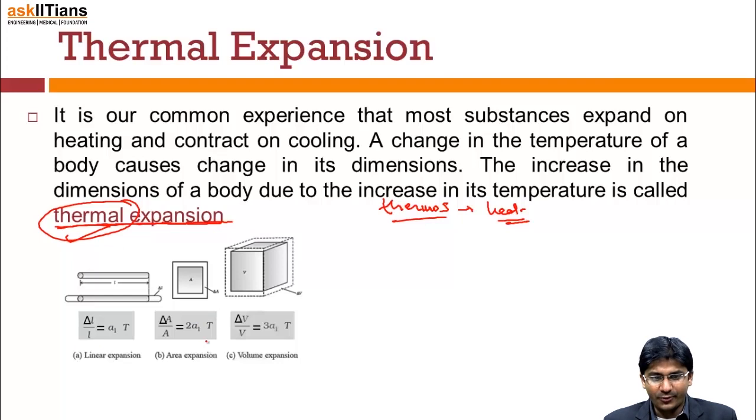Here are the formulas that we will see later on, how they come into the picture. When only the length is changing, like when you have a rod, the change in length is given by delta L by L equals alpha 1 times delta T, where delta T is the change in temperature. It's not the temperature itself we are talking about, so it is better to write delta T. Whatever the change in temperature delta T, from that you will get the change in length delta L. Similarly, delta A by A is 2 alpha 1 delta T. And what is this alpha 1?